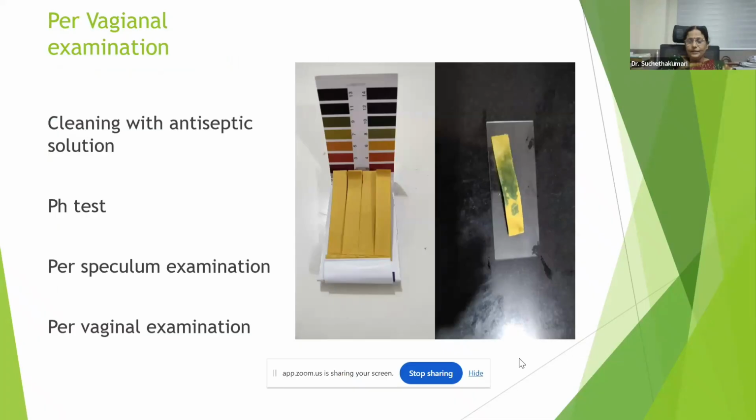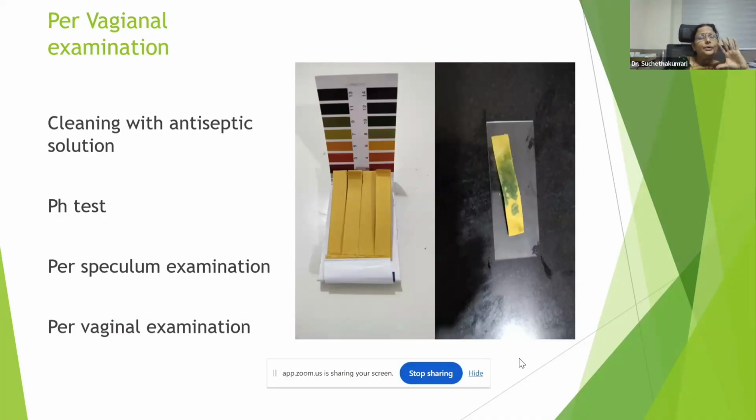Here, as I told, the per vaginal examination, why it is necessary. When the patient complains of white discharge, directly we are not in a position to give the dhavana. As we know, dhavana is very good for white discharge.